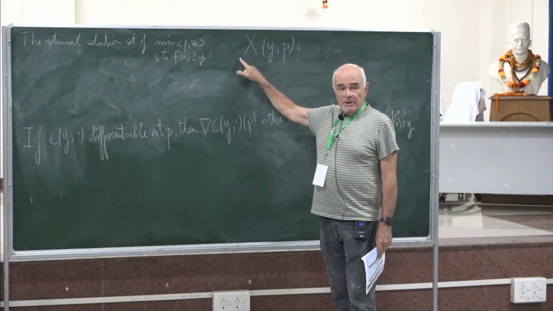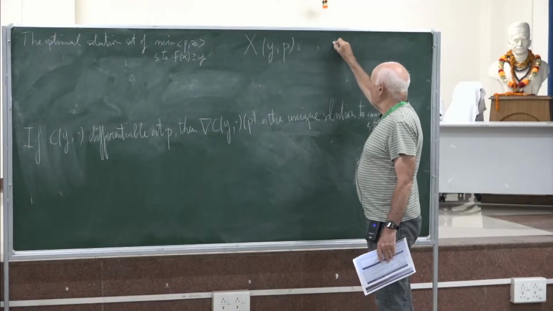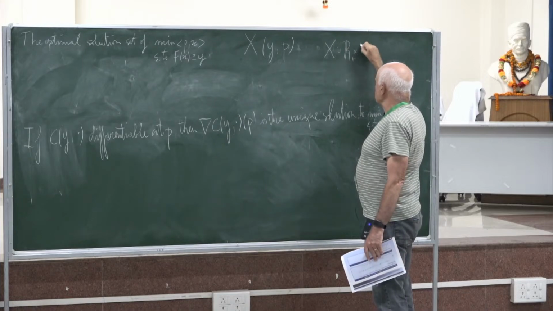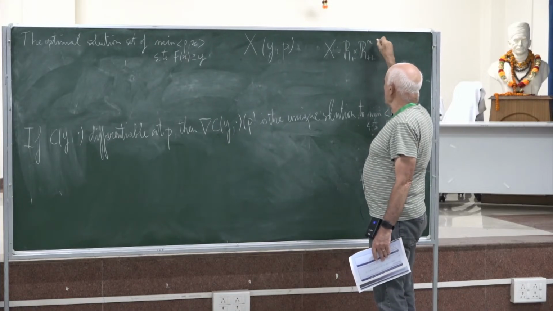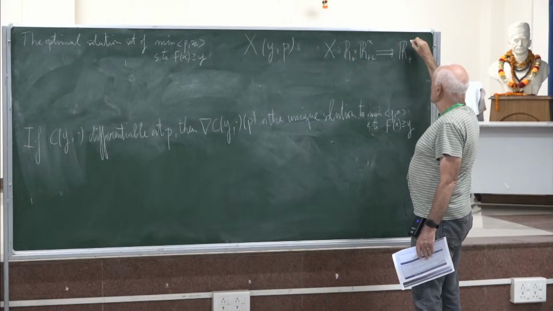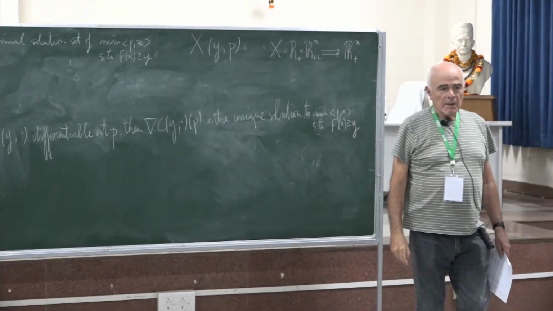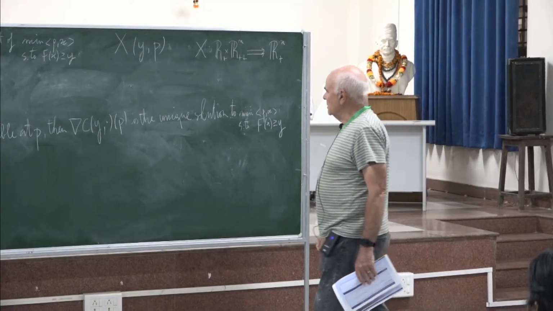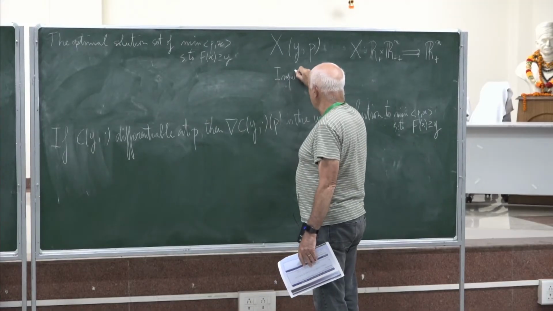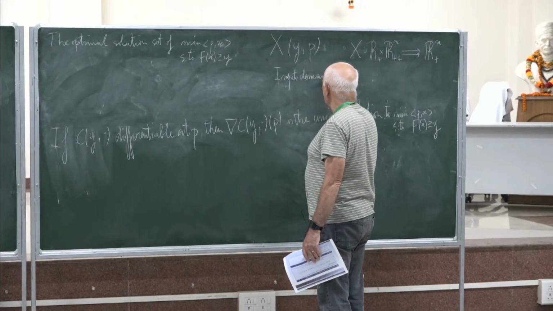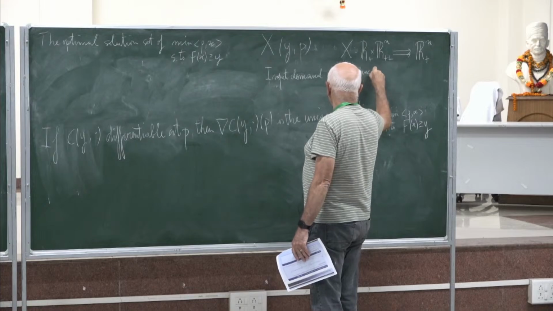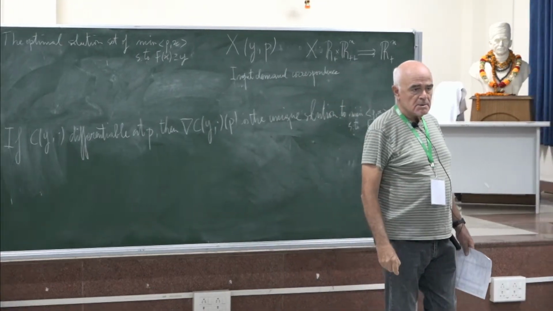So this is a set valued mapping from R plus cross R plus plus to the power n, set valued, into R plus to the n. And it's called the input demand correspondence.